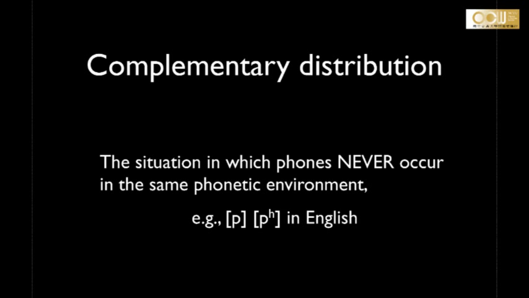Complementary distribution is the situation in which phones never occur in the same phonetic environment. So for aspirated p and unaspirated p, do you think these two sounds occur in the same environment? When do you have aspirated p? These are the two environments where you most likely get aspirated p.